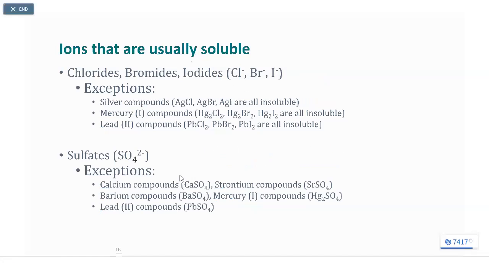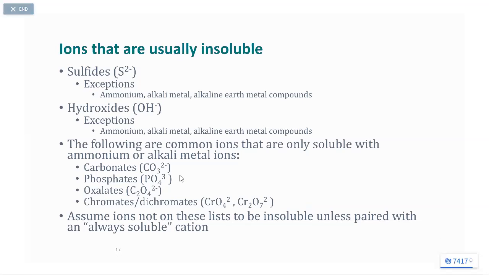The last group here is kind of a catch-all. These are the ions that are usually insoluble. So in this list, we have a group of ions and then a kind of a catch-all statement at the end. So for example, sulfides.